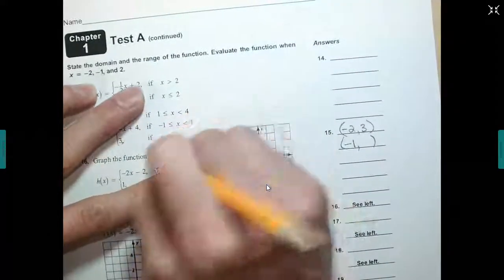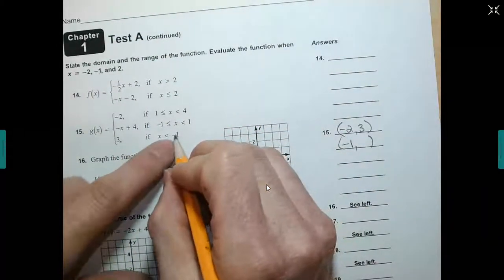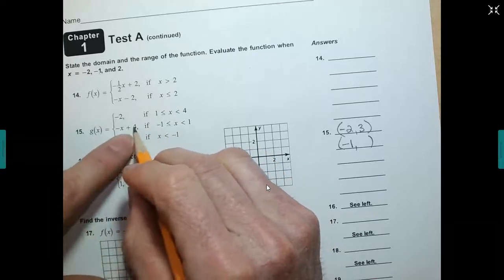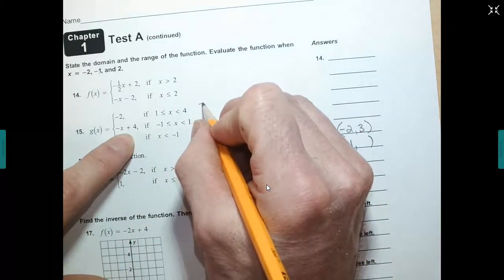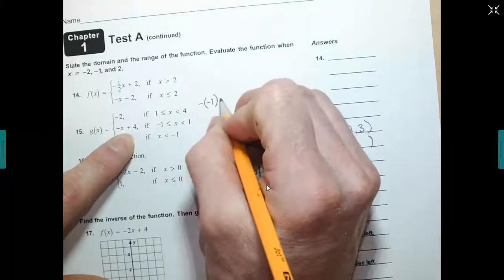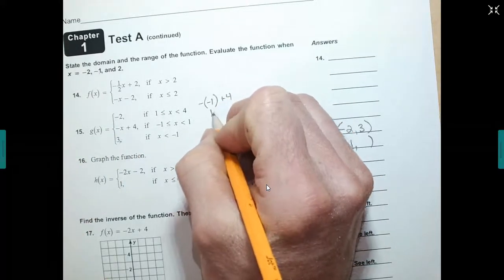Let's check negative 1. Where is negative 1? It's greater than negative 1, so that doesn't work. Here's equal to negative 1. So negative x plus 4. So we have negative x, which is negative 1, so that becomes a positive.